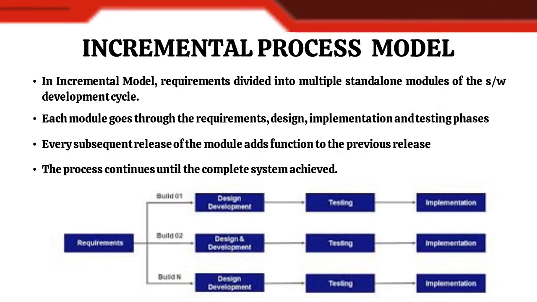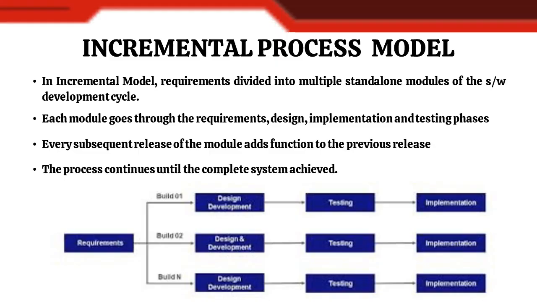In the incremental process model, the software requirements are divided into multiple standalone modules. Each module goes through its own requirements, design, implementation, and testing phases. After the first module is complete, it is released to the customer.